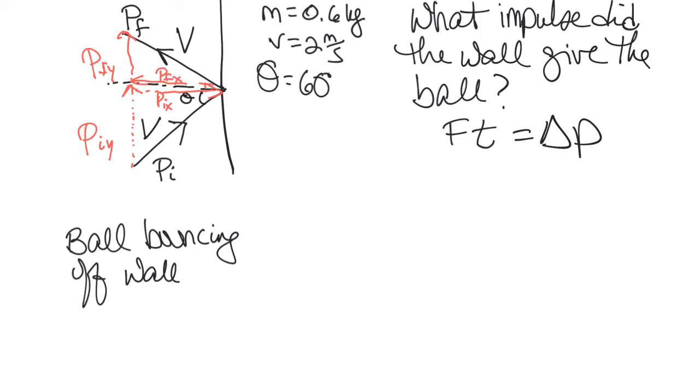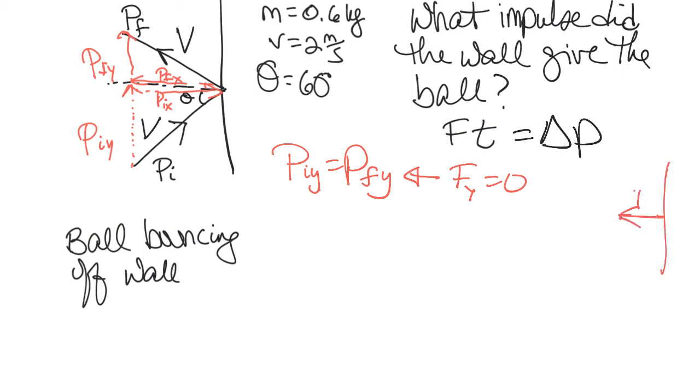I think you can be quickly convinced that there is no change in momentum in the y direction. And why is that? Because there's no force in the y direction. What is this wall doing? This wall is exerting a force on the ball, and it's to the left.